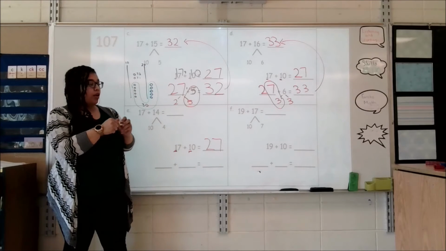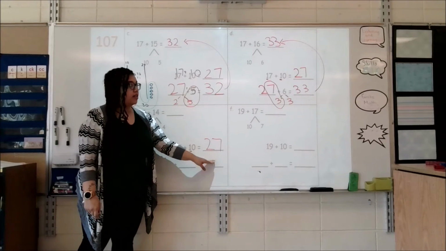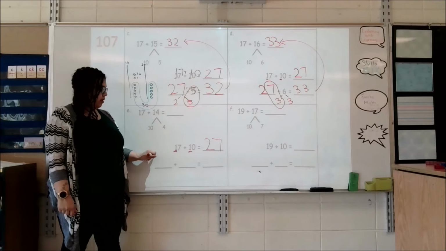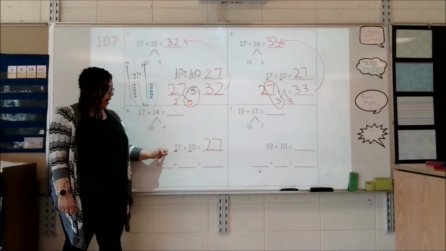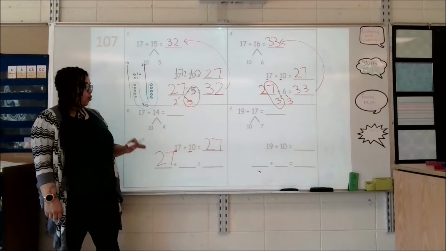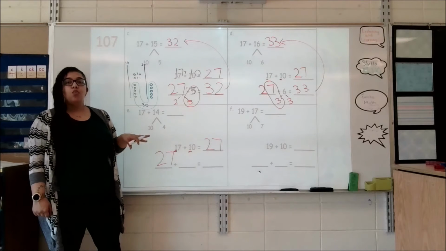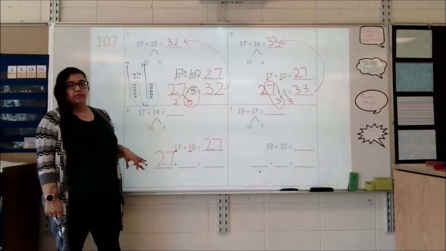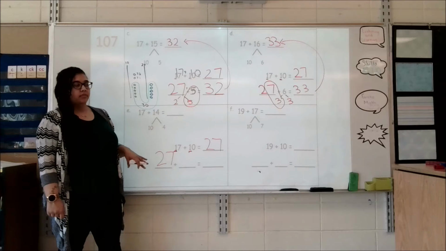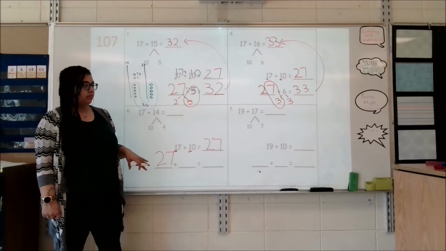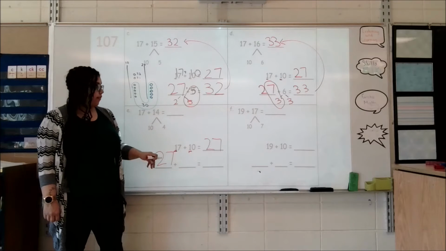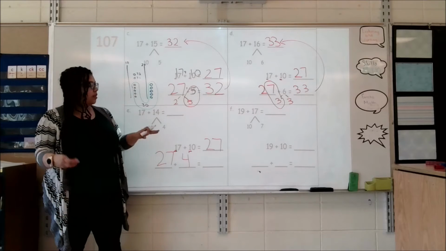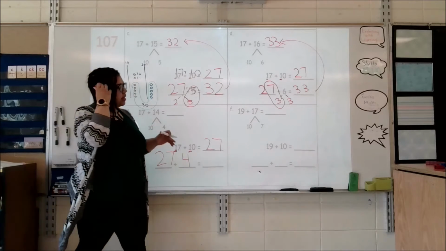So now I'm going to take this part, this 27, this larger part that I've made, and I'm going to add the remaining ones. How many ones are left? 4. Good. There are 4 ones left.